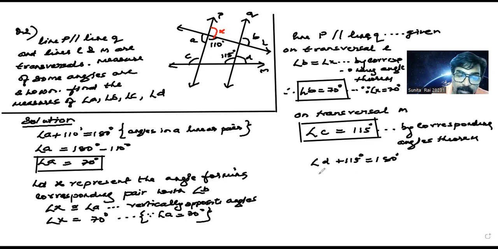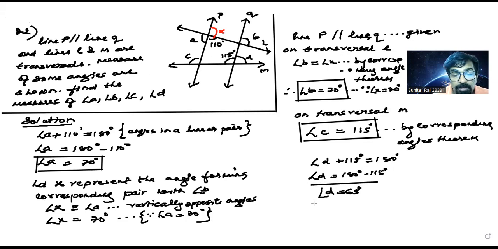So angle D equals 180 degrees minus 115 degrees. So angle D equals 65 degrees. So this is your angle D's answer. I put it in a box, children. Again, there's an answer.